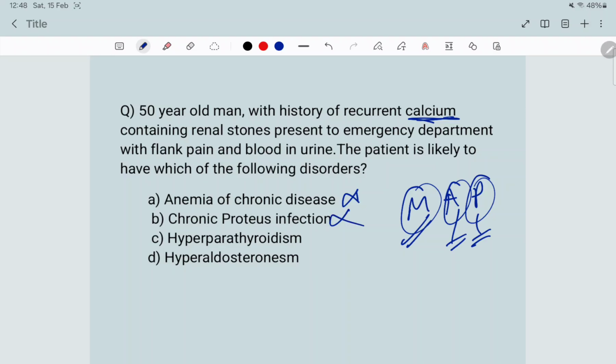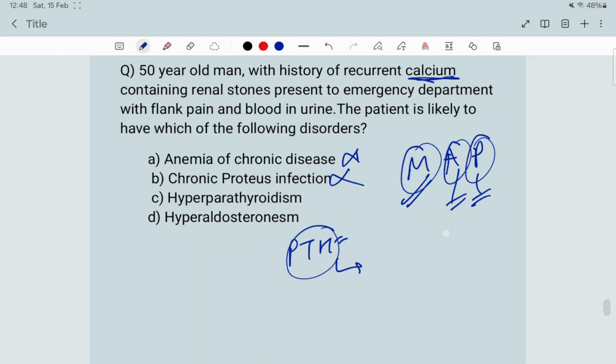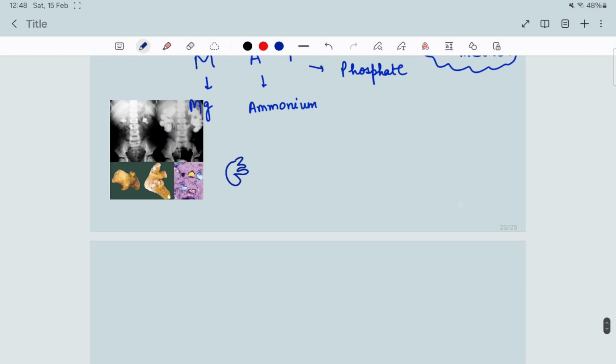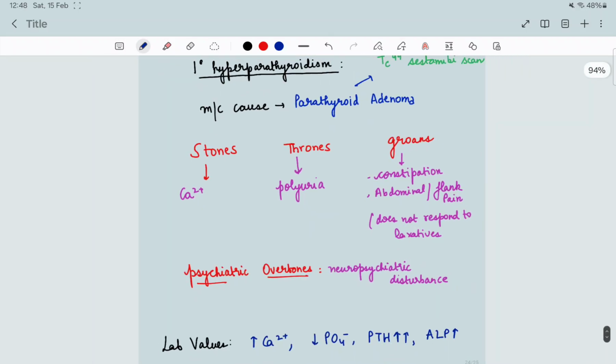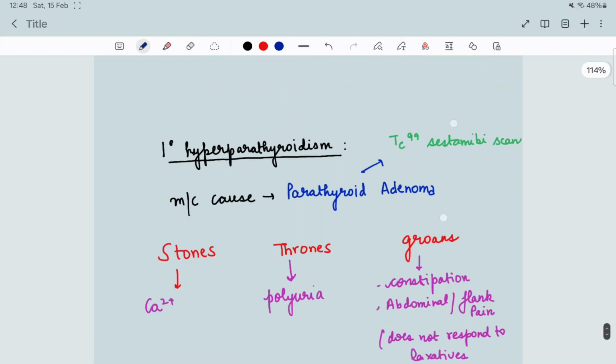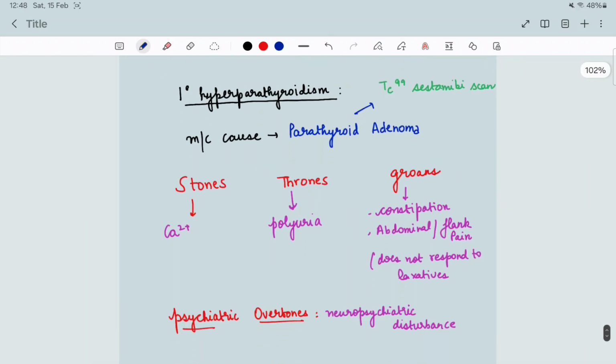Hyperparathyroidism. What are parathyroid glands? The parathyroid gland releases PTH. And what does PTH do? PTH tries to maintain the levels of calcium and phosphate in our body. There is a very famous mnemonic which we study from the second year, that in primary hyperparathyroidism there are stones, thrones, groans and psychiatric overtones.